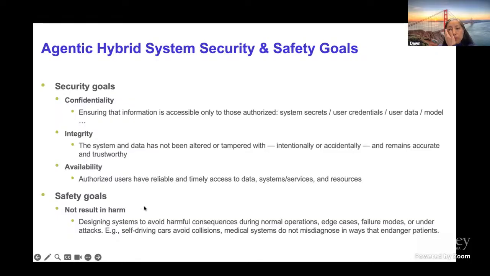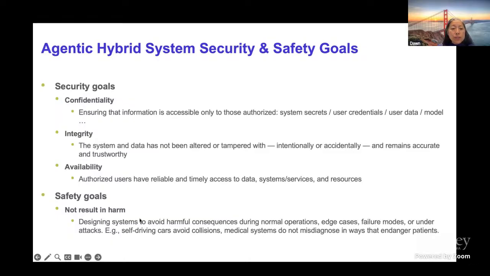So for example, we don't want agents to launch attacks on the internet against other potentially vulnerable systems and websites. And also we want to avoid collisions for self-driving cars, and medical systems should not misdiagnose in ways that endanger patients, and so on.